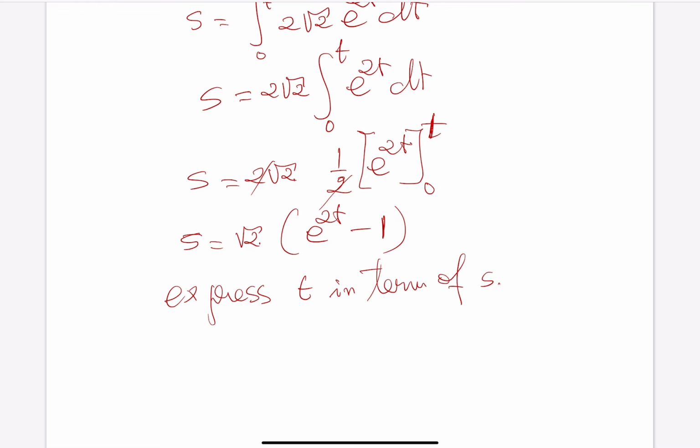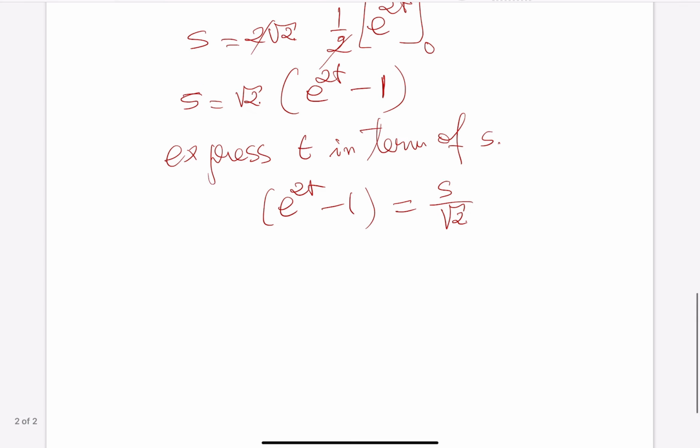If you express t in terms of s, you will have square root of 2 times e to the 2t minus 1 is equal to s. I divide both sides by square root of 2, so you don't have to take the square root of 2.